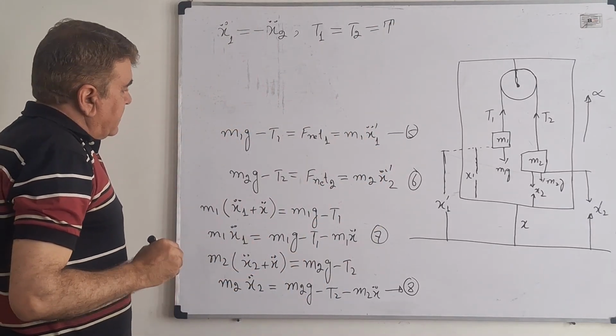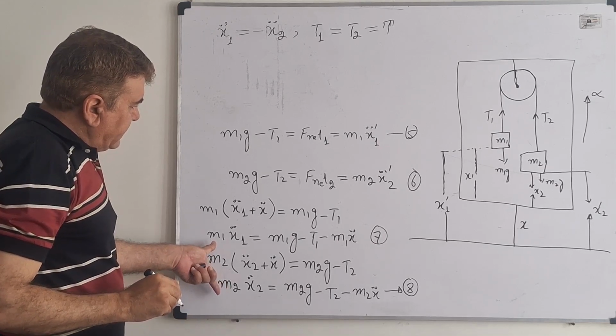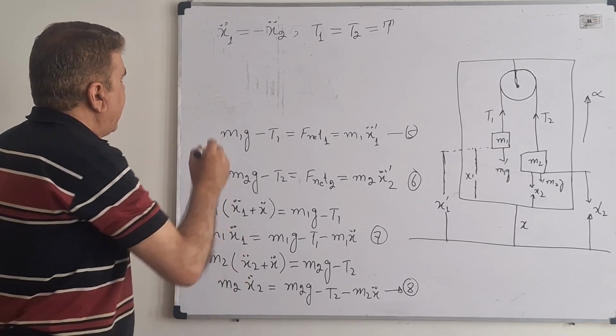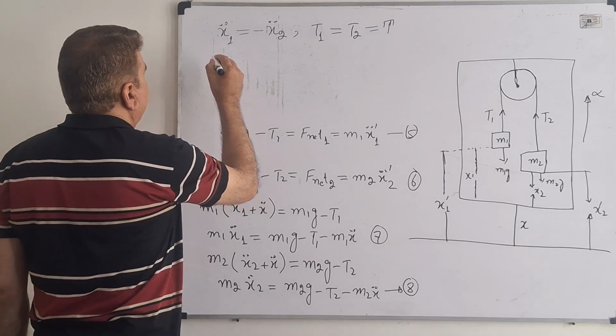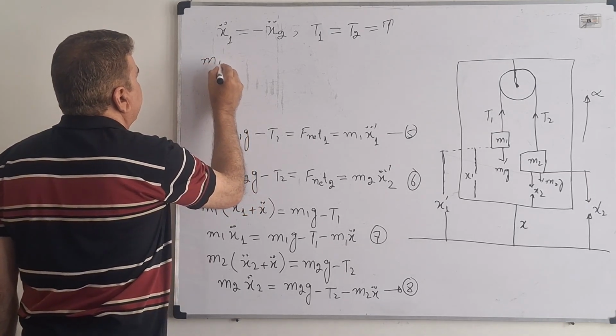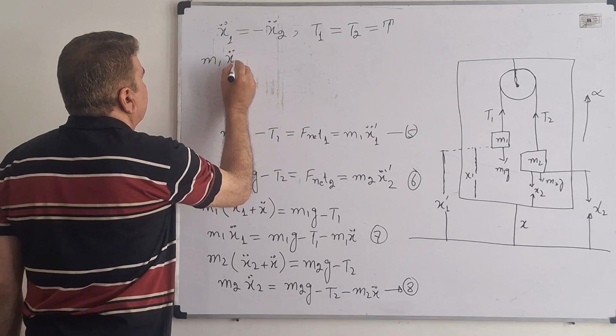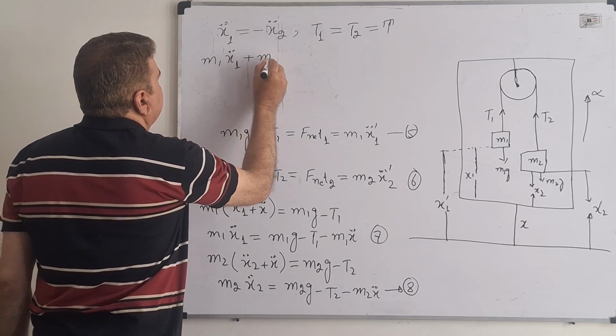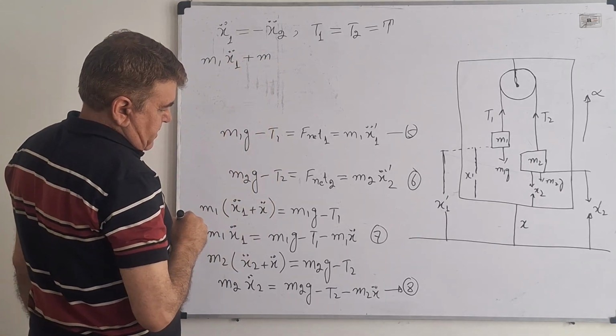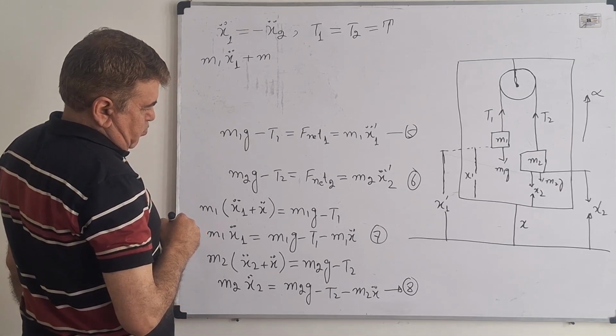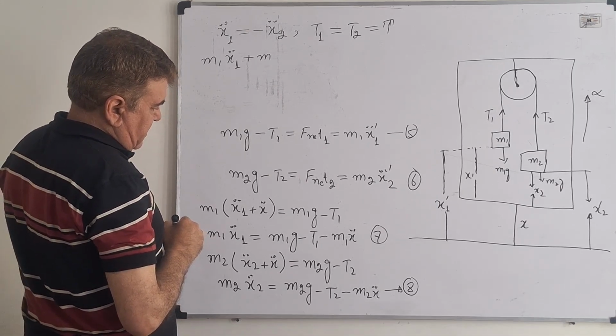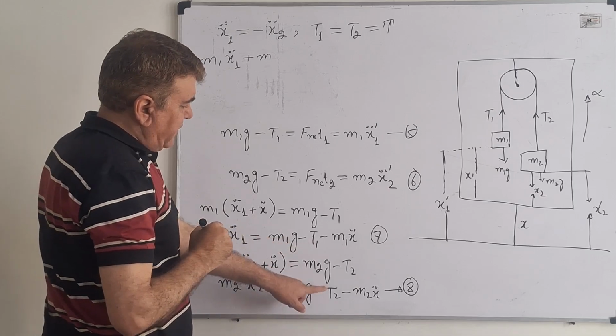So under this condition, I now combine equations 7 and 8. I subtract equation 8 from equation 7, because I want to eliminate T1 and T2.